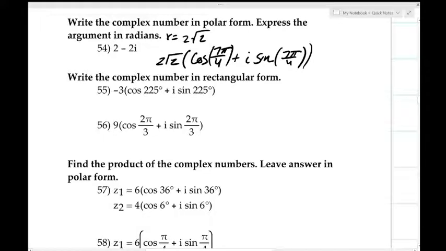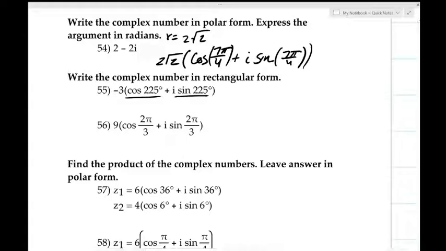Number 55, we're going to write the complex number in rectangular form. So we're still going to have a complex number, just not in polar form. So what we do is evaluate cosine of 225 degrees as well as sine of 225 degrees.